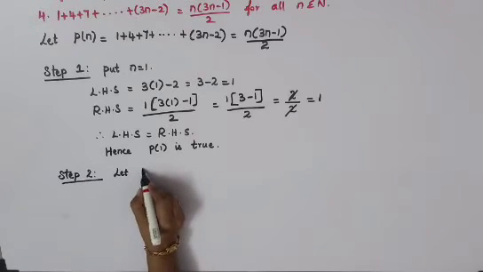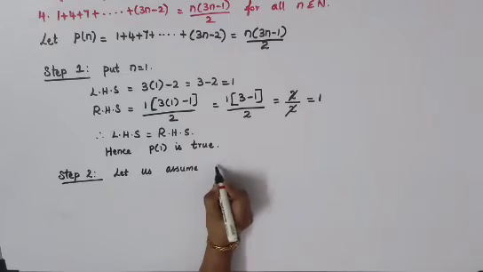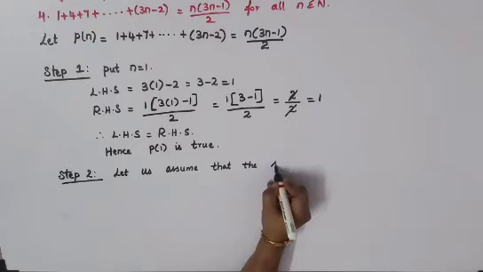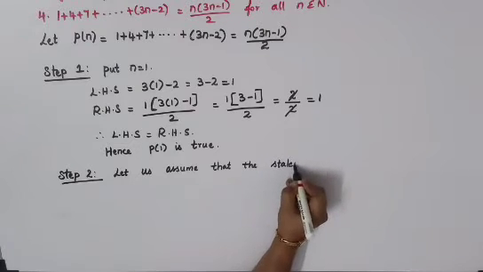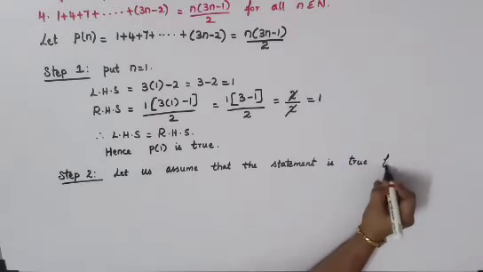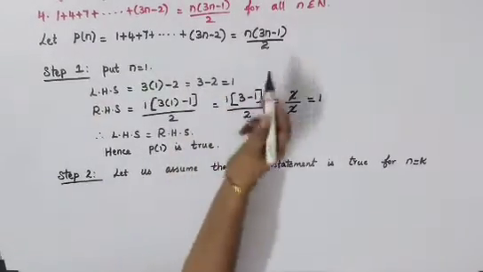Let us assume that the statement is true for n is equal to k. So now wherever n is there in your question, just substitute your k.